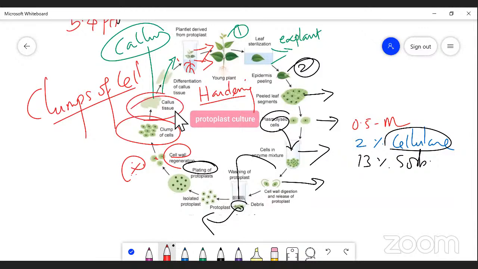Then the callus is differentiated into root and shoot in a test tube. From the test tube, the plantlets or nursery plants are transferred to environmental conditions. By this, an entire plant develops from the protoplast. This is called protoplast culture.